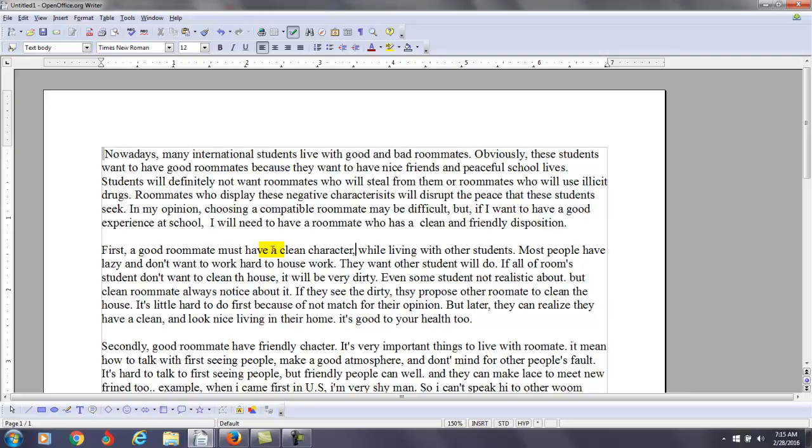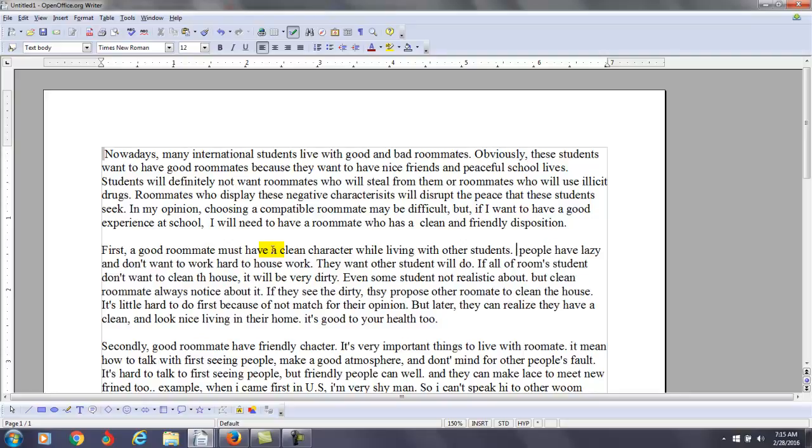And you want to put here a comma. I don't even think you need any at all. While living with other students, I wouldn't say most, that's probably too strong.